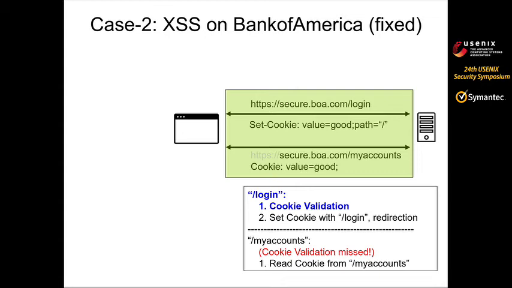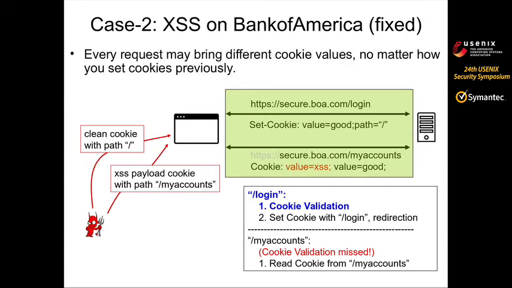But the assumption is wrong, because remember that cookies with the same name but different domain and different path can exist. So every time a URL comes, the cookie value may be different, no matter how you set cookies, because there might be same-name cookies with different domains and paths.